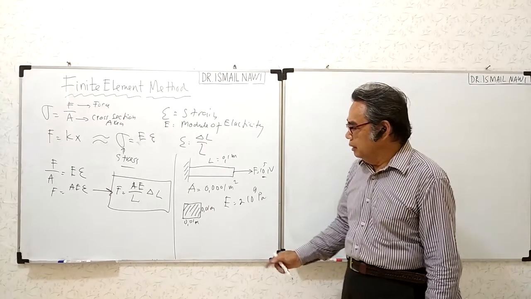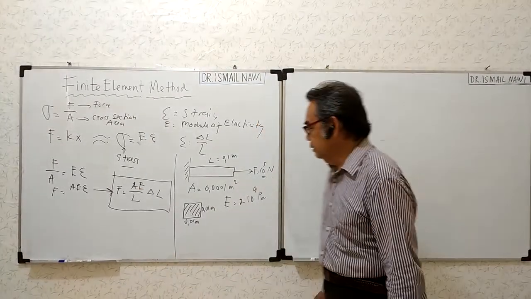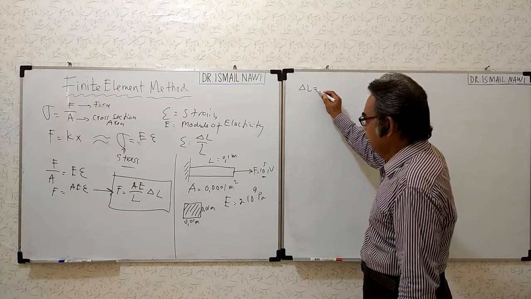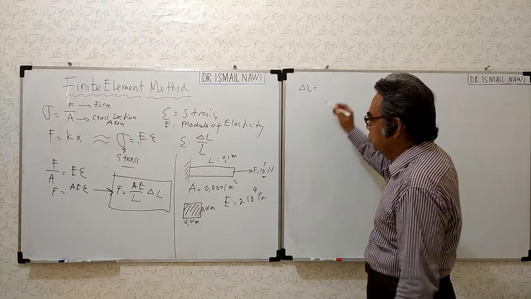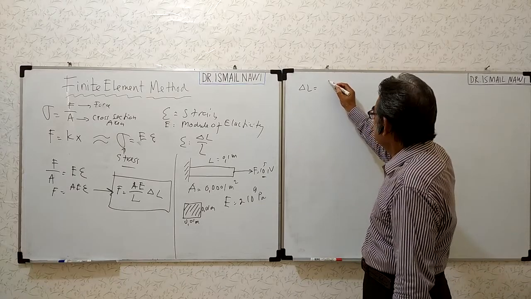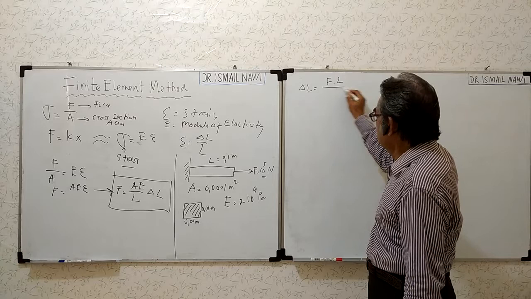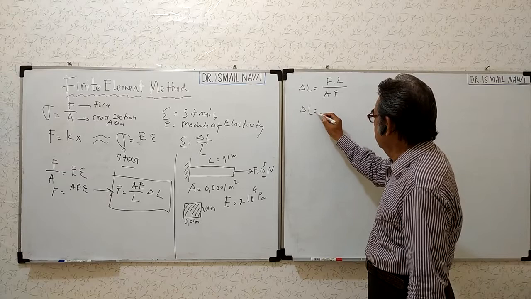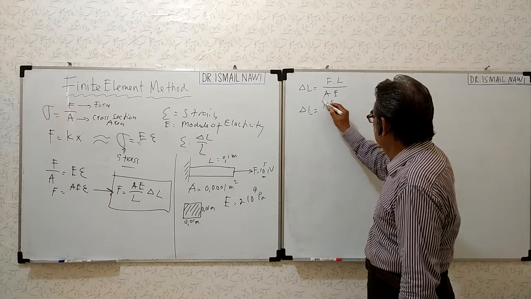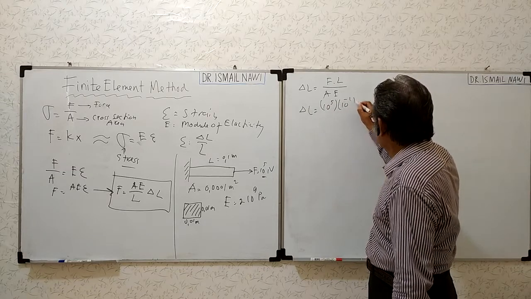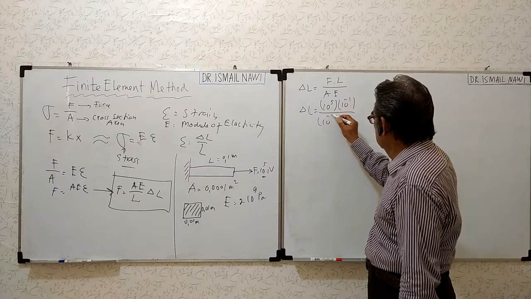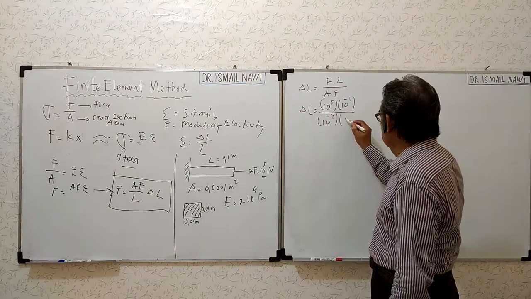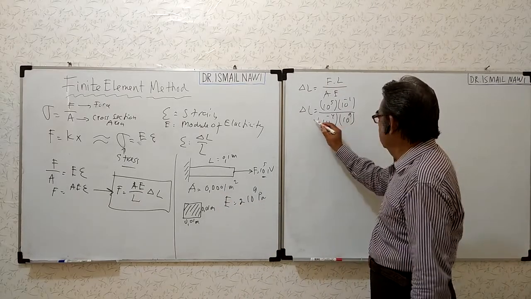Let's find the delta L from this formula. From the formula we can see that delta L is actually equal to F L divided by A E. So delta L is F times 0.1, divided by the area here, and the E, 2 × 10⁹ Pascal.